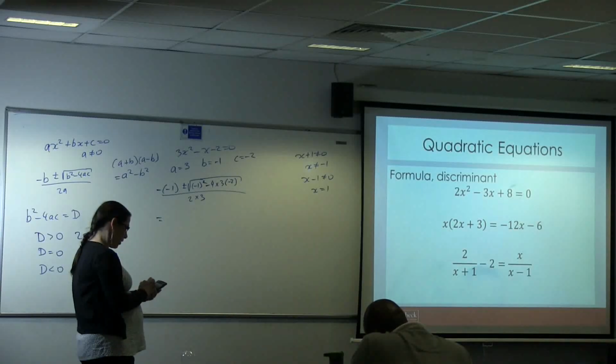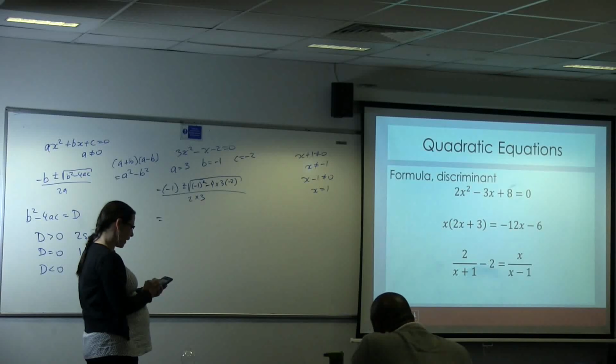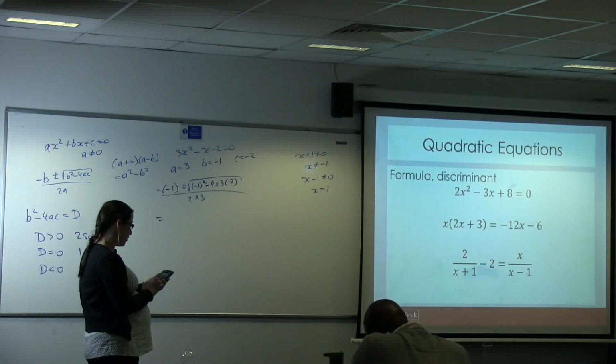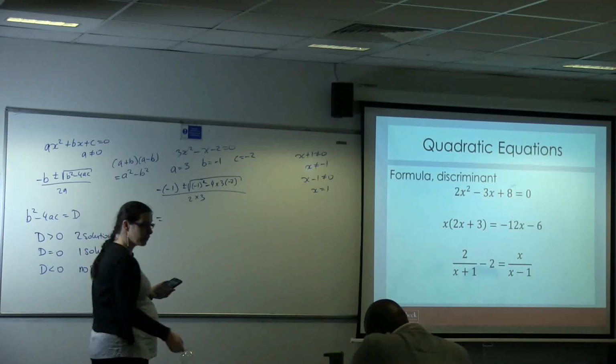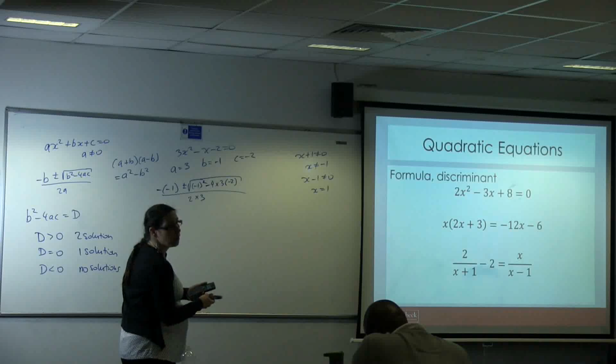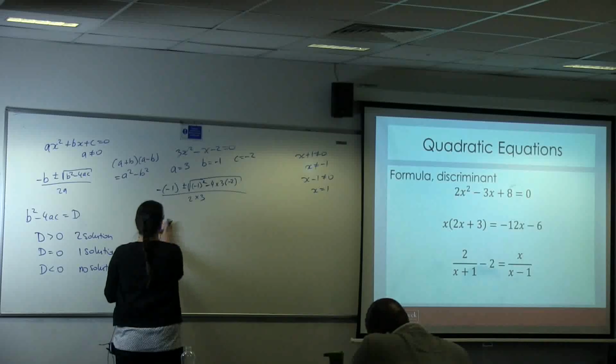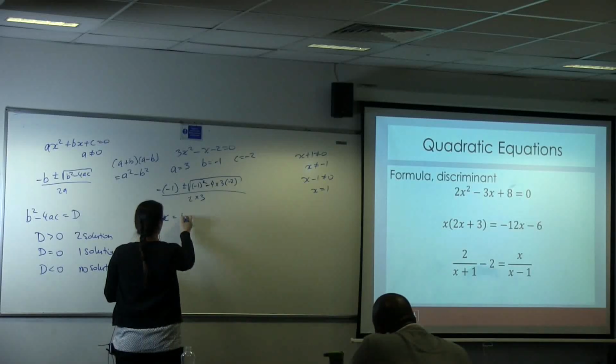Fraction, negative negative 1 using the brackets, plus square root, bracket negative 1 bracket closed squared, minus 4 times 3 times bracket negative 2 bracket closed. Come out from the square root, go down to the bottom, 2 times 3, and that is equal to, well, I've got 1.